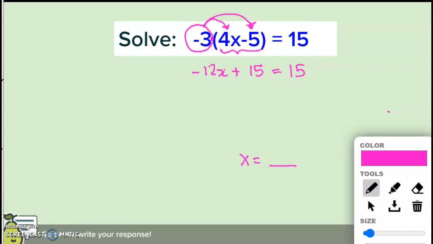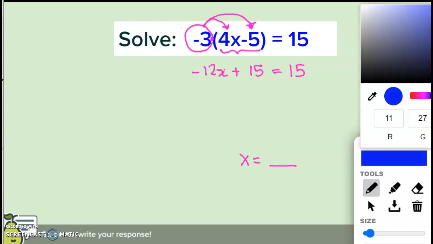Well, as always, we need to be thinking about what is happening to x. X is first being multiplied by negative 12, and then whatever the result is, it's being added to 15. So the last thing that was done to x is add 15. That means we need to tackle that add 15 by subtracting 15 from both sides.